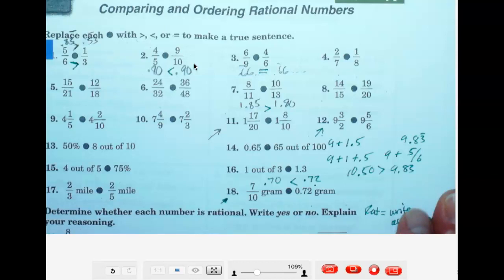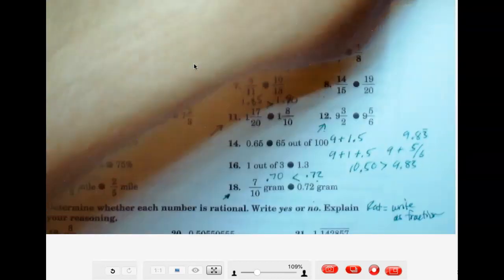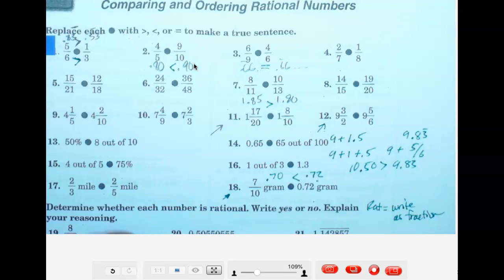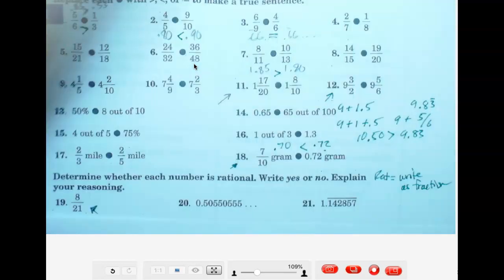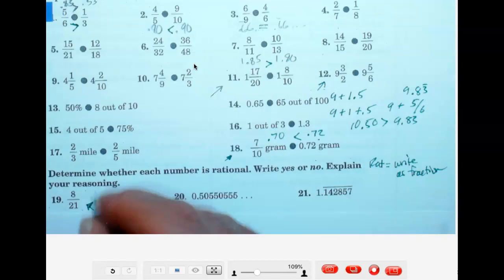It's 3.1415, blah, blah, blah. Well, this one here is already written as a fraction, 8/21, and therefore, this is a rational number. So this is rational, right? It's a fraction.